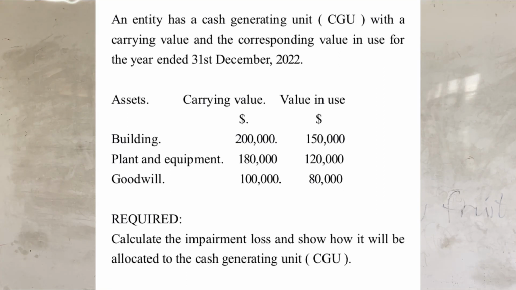Plant and equipment has a carrying value of $180,000. Value in use being $120,000. Goodwill is $100,000 for carrying amount, $80,000 for value in use. Required: calculate the impairment loss and show how it will be allocated to the cash generating unit.